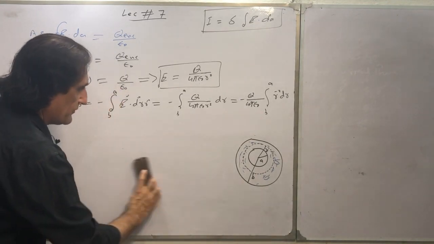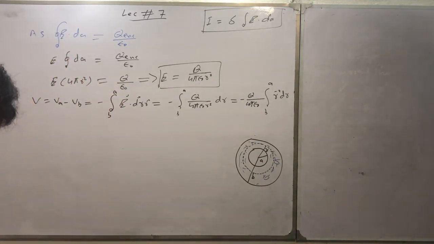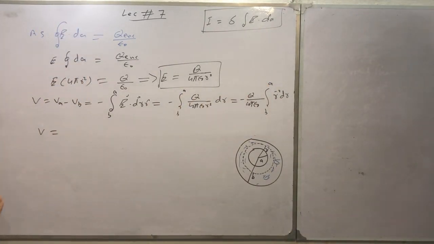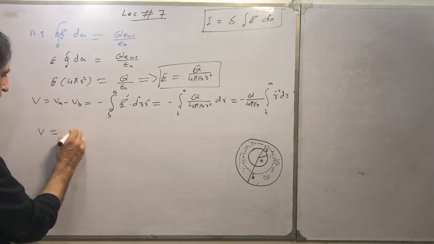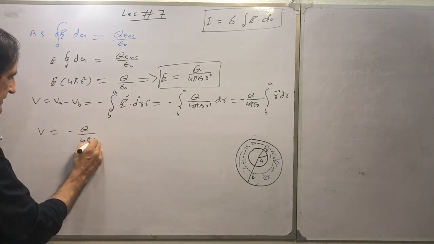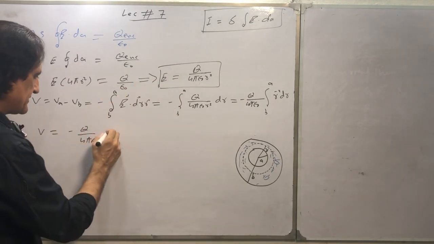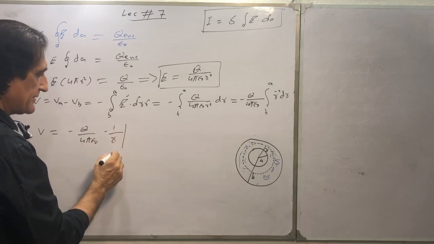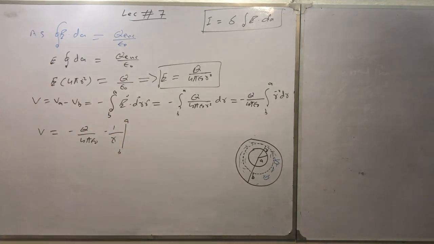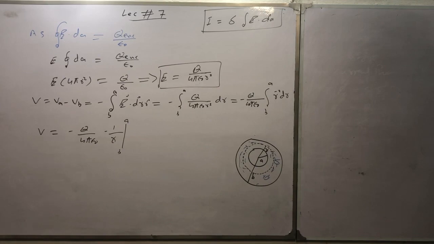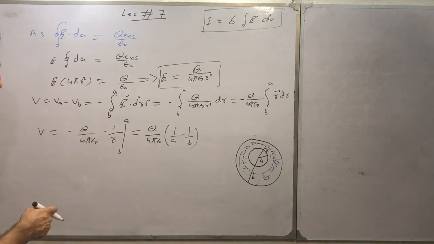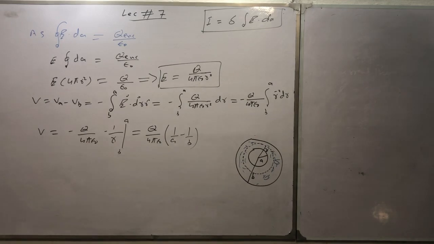From here, if we integrate this, then the potential must be equal to minus Q divided by 4 pi epsilon naught, and the integration gives minus 1 over r, from B to A. After applying the limits and some calculation, you can find the potential.